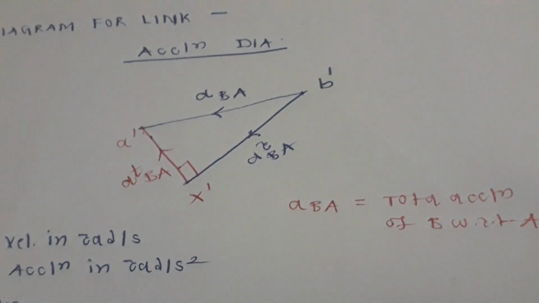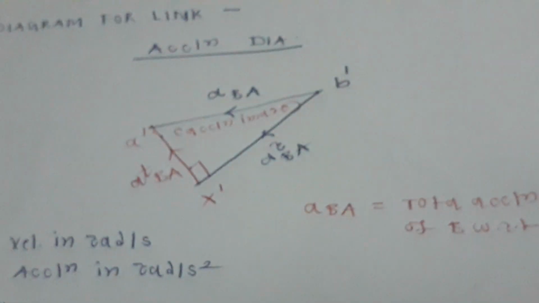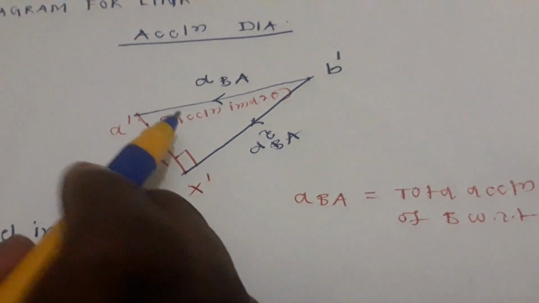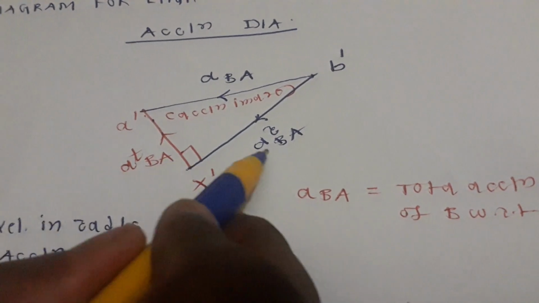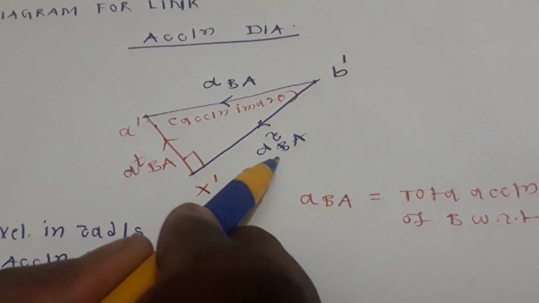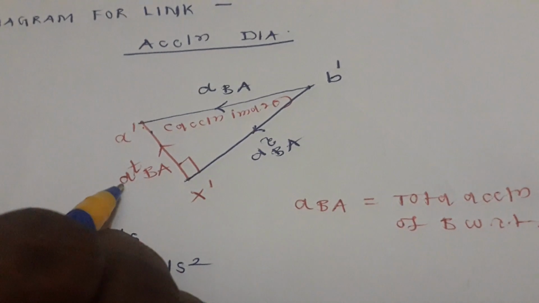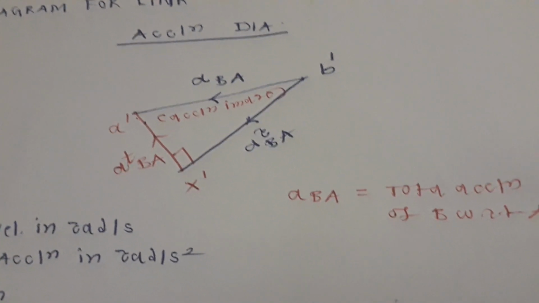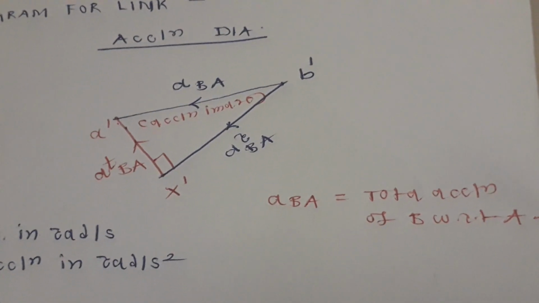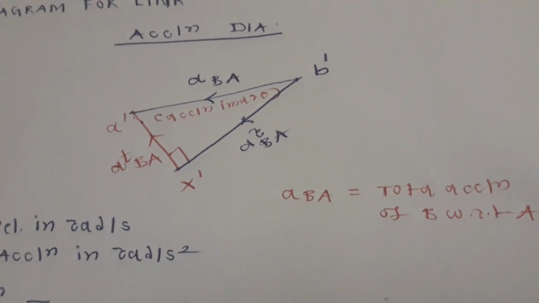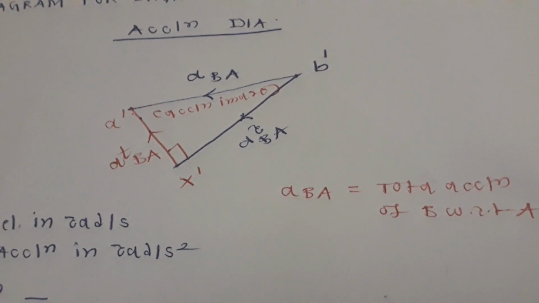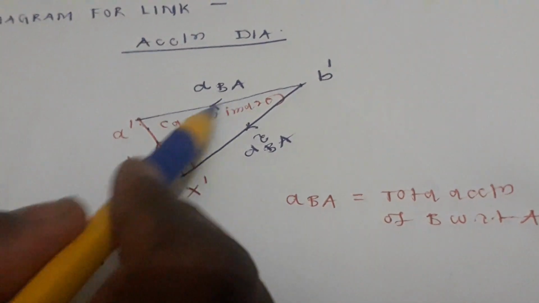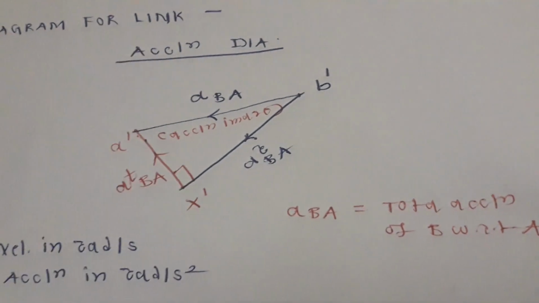It is the vector addition of these two components, the radial component and the tangential component. In this way we can calculate the total acceleration of B with A, in meter per second square, for the point B with respect to A by means of this acceleration diagram.